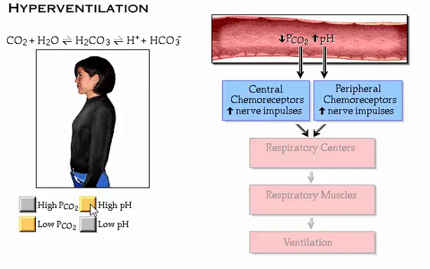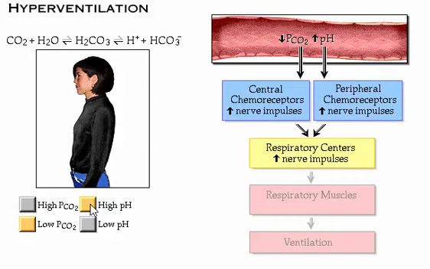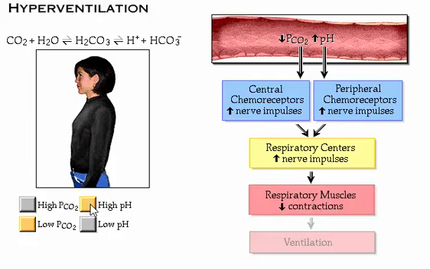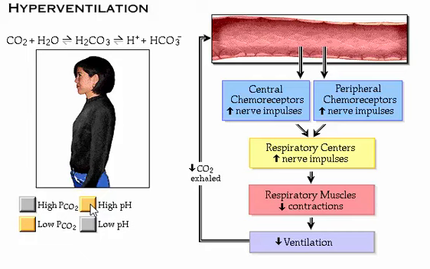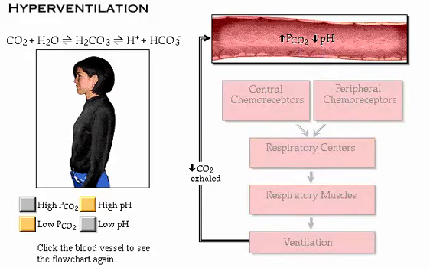Since the pH is high, the peripheral chemoreceptors also send fewer impulses to the respiratory centers, which send fewer nerve impulses to the respiratory muscles, thereby further decreasing breathing rate and depth and returning the arterial gases and pH to normal levels. Click the blood vessel to see the flowchart again.